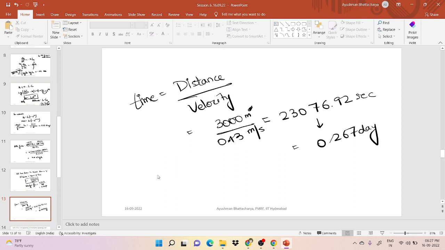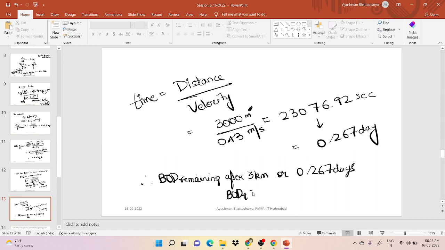So now the question is, therefore, the BOD remaining after 3 kilometer, or 0.267 days, is equal to BOD t equals L naught e raised to minus kt. Since they have asked about the remaining, BOD t is L naught e raised to minus kt.